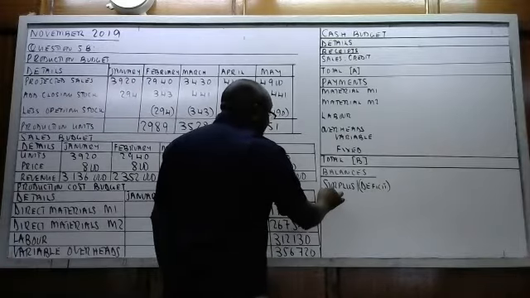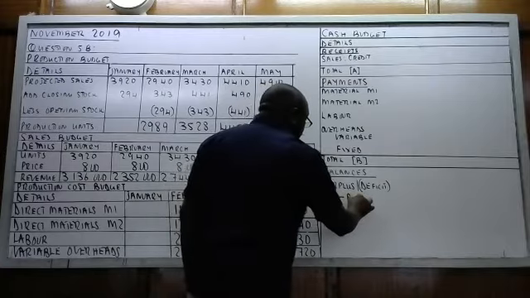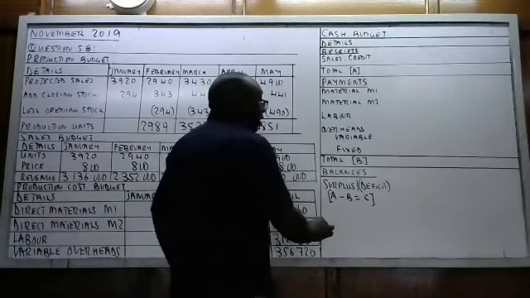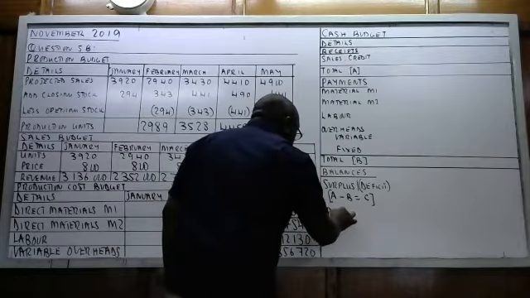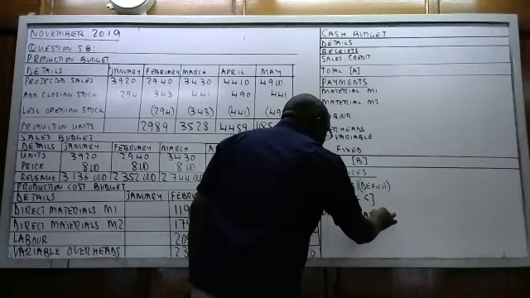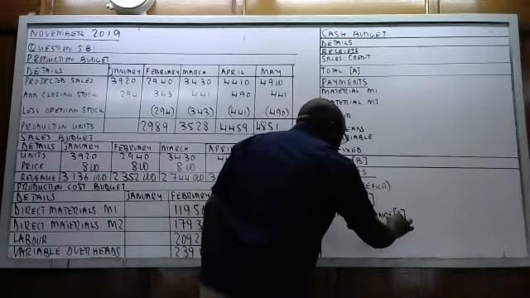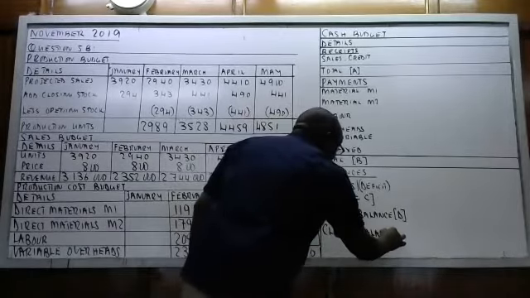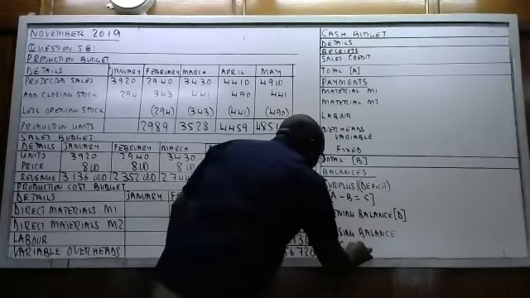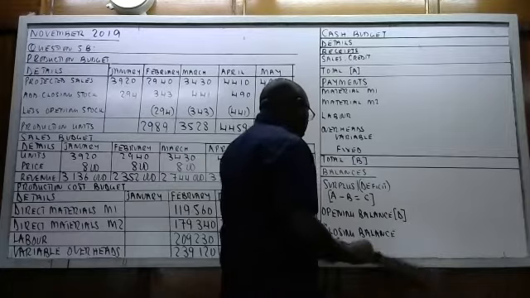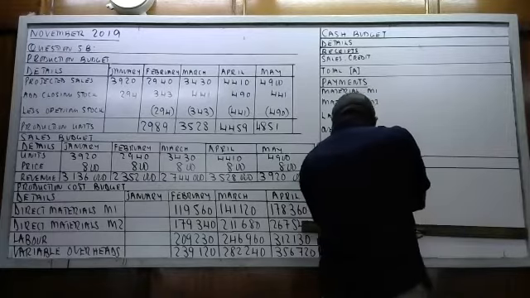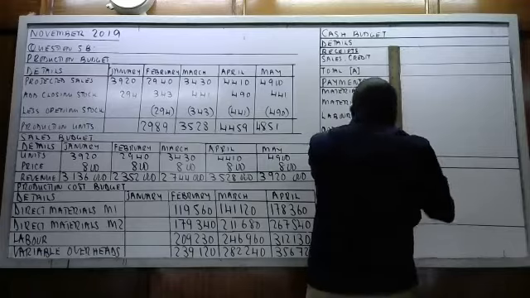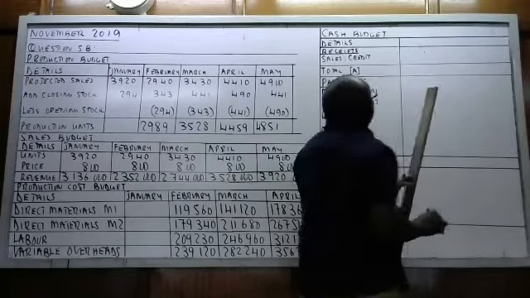This one is arrived at as A minus B, and you call it C. Then we have another one called opening balance, which we call D. And finally, we have closing balance, which is C plus D. That is how you get the closing balance.